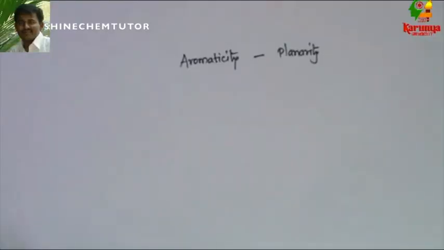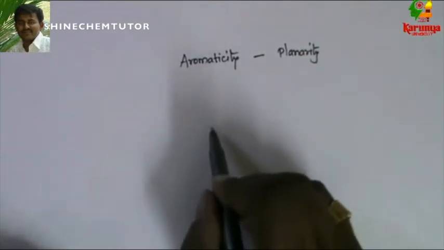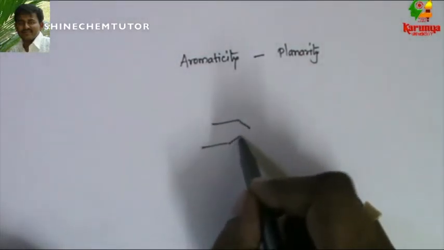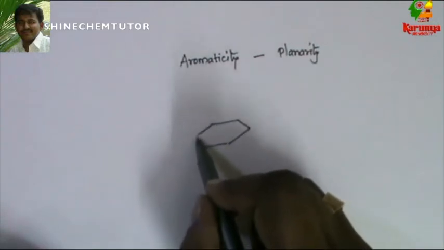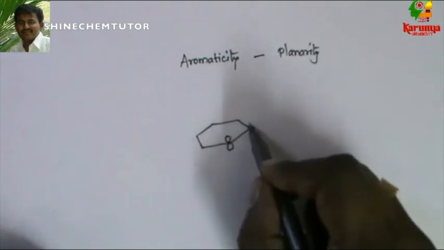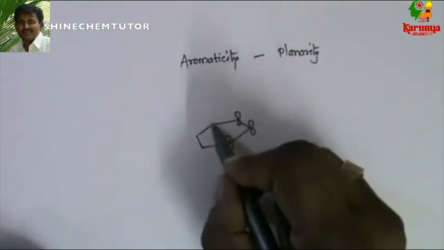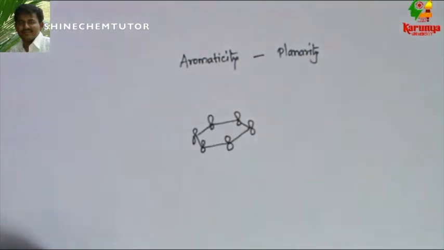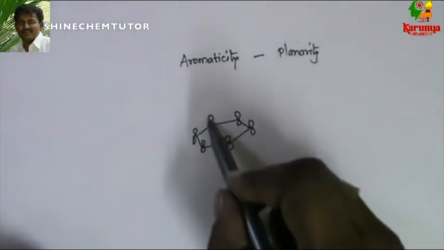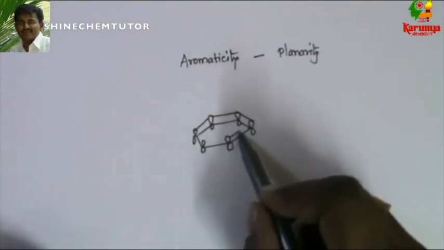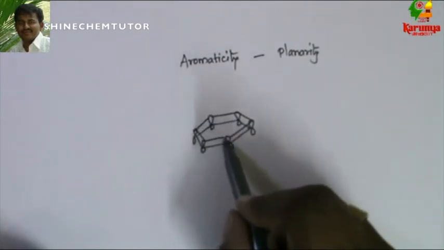The second criterion is planarity. To understand this, I go for the structure of benzene. So this is benzene. All the pi orbitals overlap like this.